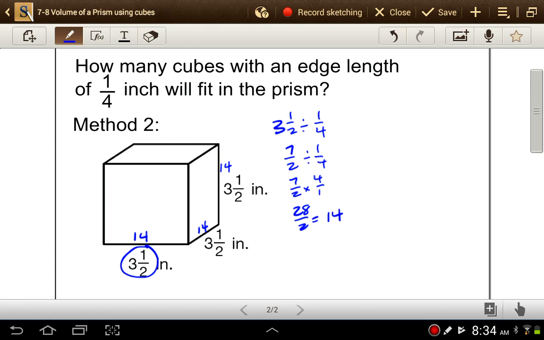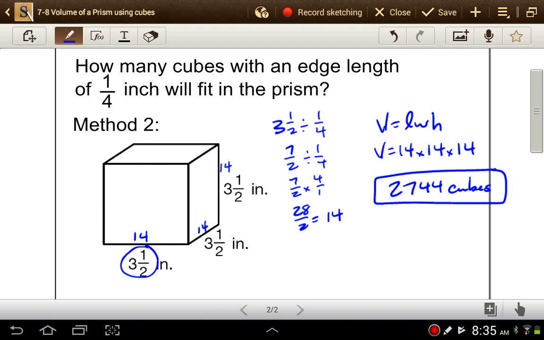So volume equals my length, my width, my height, in cubes. I can fit 14 cubes for my length times 14 cubes for my width times 14 cubes for my height. And when I multiply that, guess what I get? Oh, 2,744, and that's cubes. So you get the same answer.